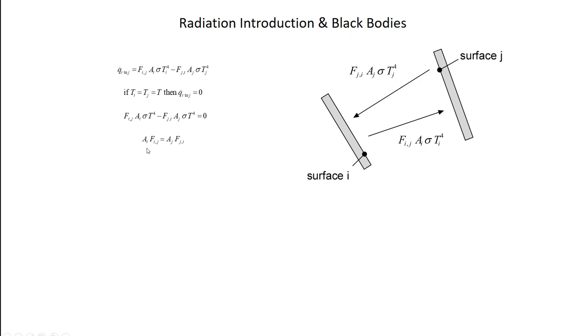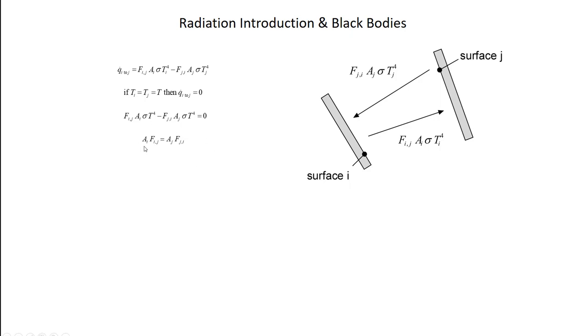But if I look at this equation for reciprocity, there is nothing in this equation that cares that I have black surfaces or that they're at the same temperature, right? If I have the same two surfaces in terms of geometry, but they're not black anymore, so I paint them with some reflective coating, and they're not at the same temperature, so I heat this guy up more than I heat this guy up, nothing in this equation changes, right?